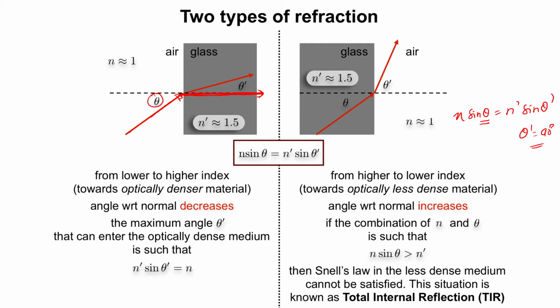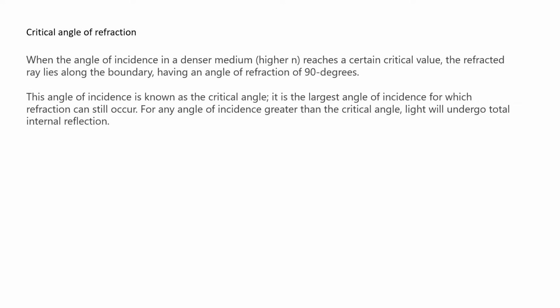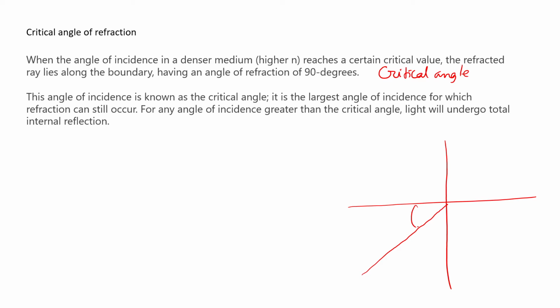Right? So we'll do that in a minute, but before we do that, that particular angle where the refracted ray lies along the boundary is called the critical angle. It is the critical angle. So when the angle of incidence is exactly equal to the critical angle, so when this angle is the critical angle, then the refracted ray lies along the boundary.